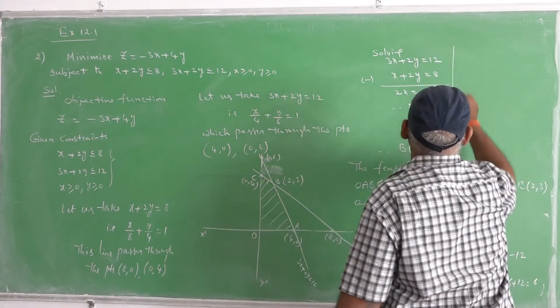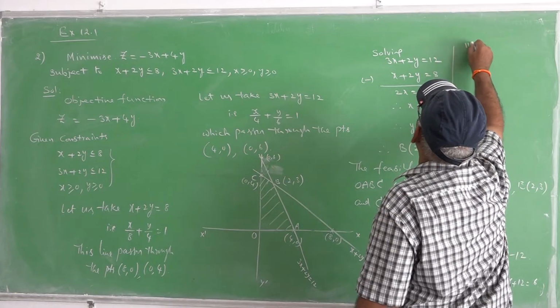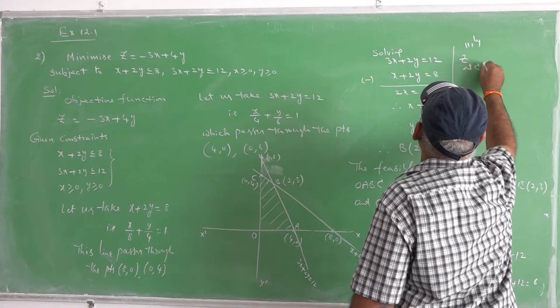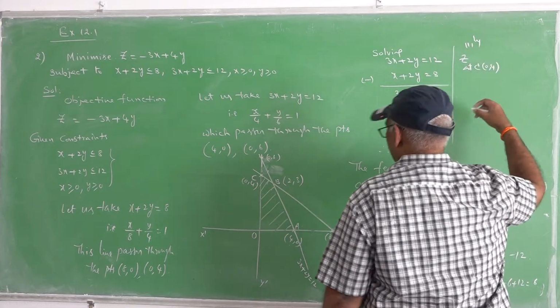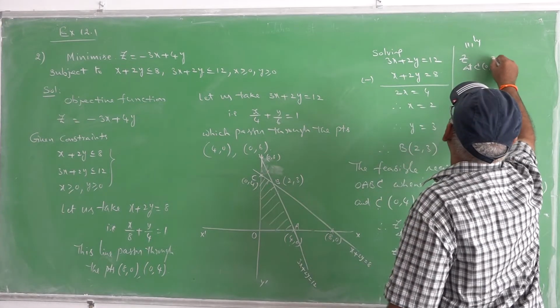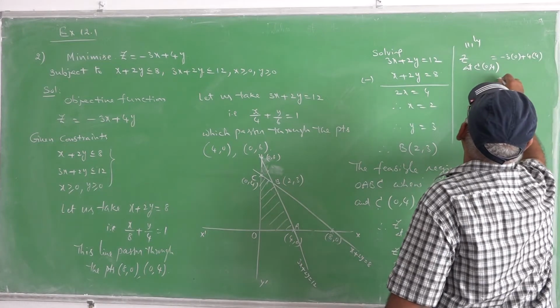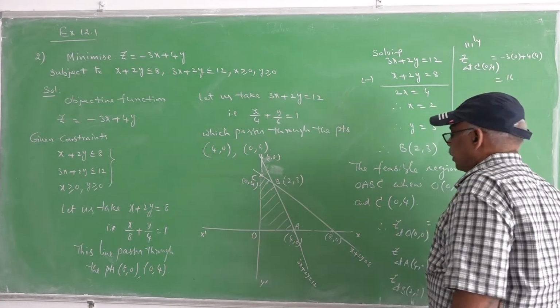Similarly, Z at the other corner C, 0 comma 4, is minus 3 into 0 plus 4 into 4, that is 16.